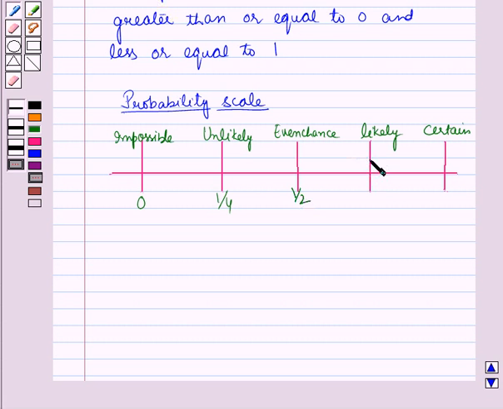Then the probability of a likely event is 3 by 4. For example, no one will be absent, and the probability of a certain event is 1. For example, getting a number less than or equal to 6 on a rolling die.